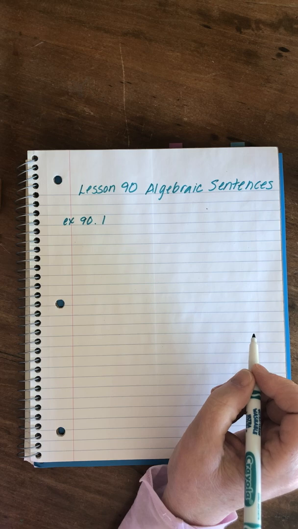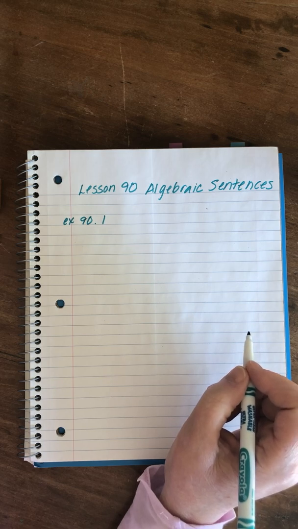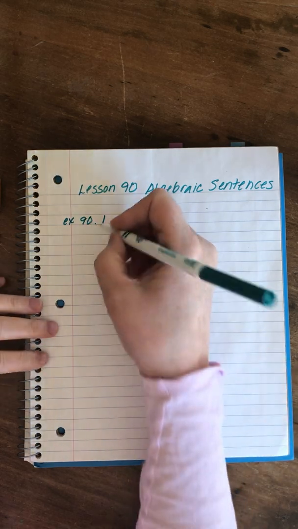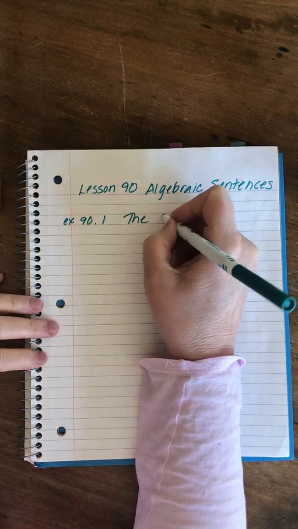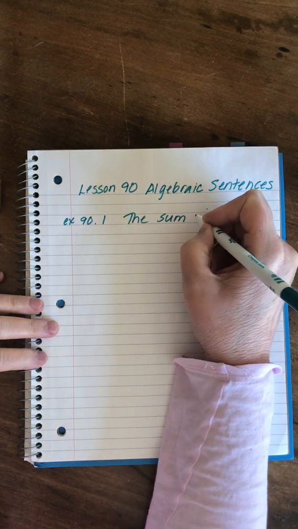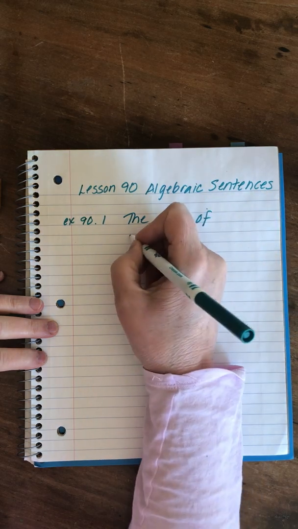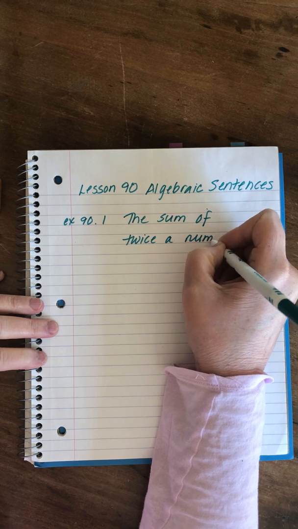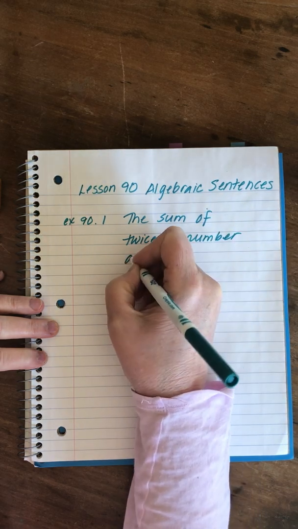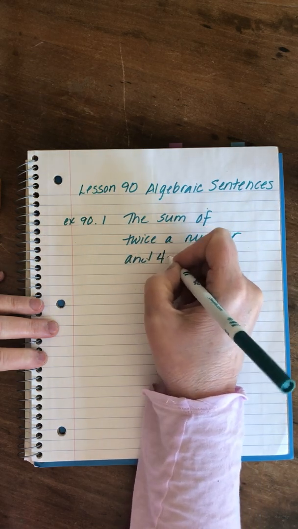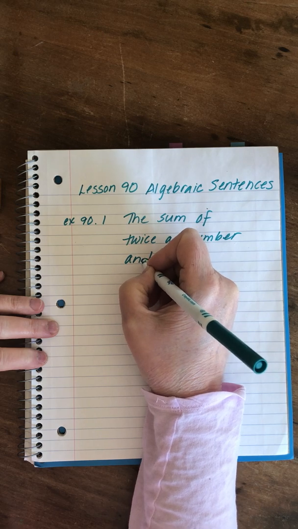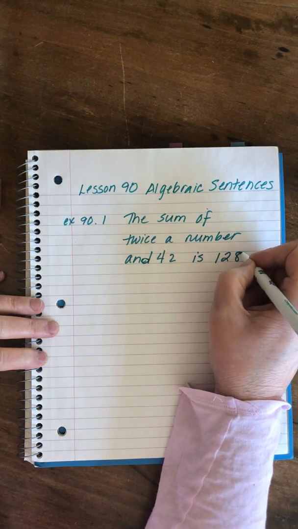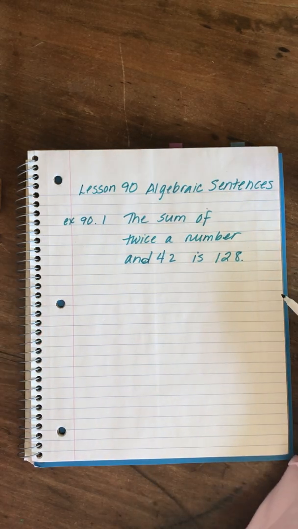The sum of twice a number and 42 is 128. Find the number. Okay, let me write this out so we can look at the words. You don't have to do this for your homework.